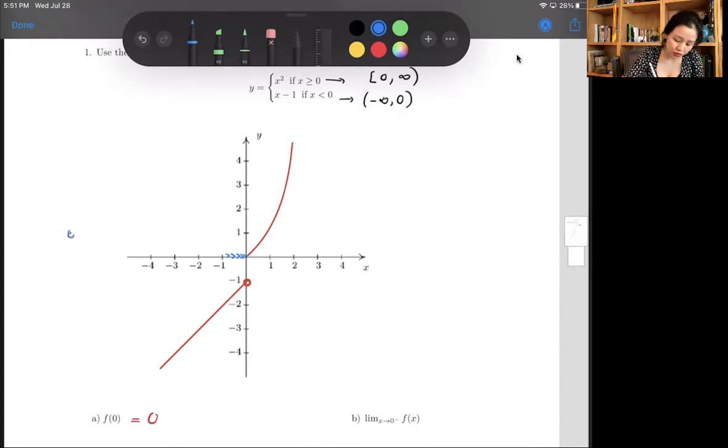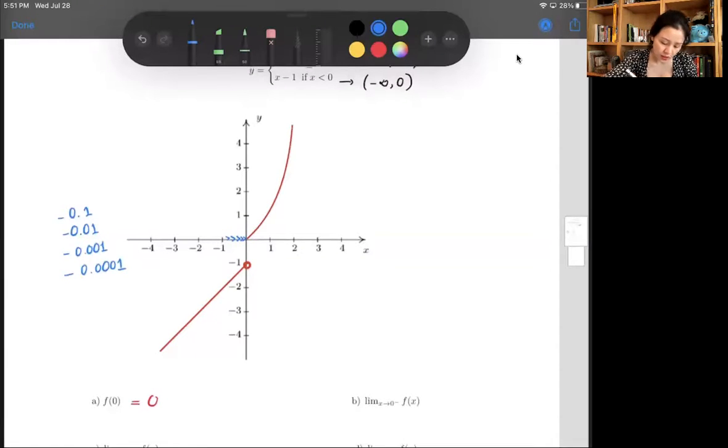I mean, I get close to 0 with negative 0.1, or even closer, negative 0.01, or even closer, negative 0.001, or even closer, negative 0.0001. So you get the gist: you get very, very close to 0 from the left, but never quite 0.